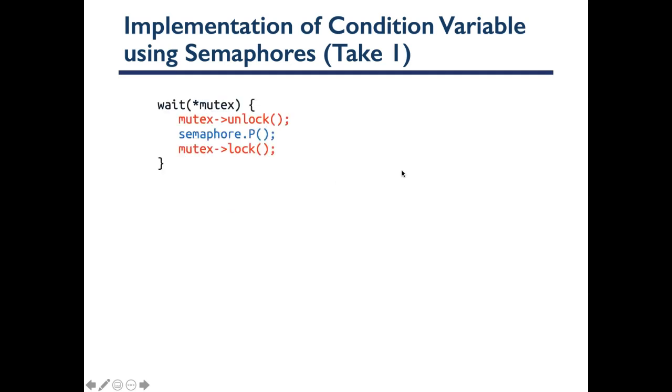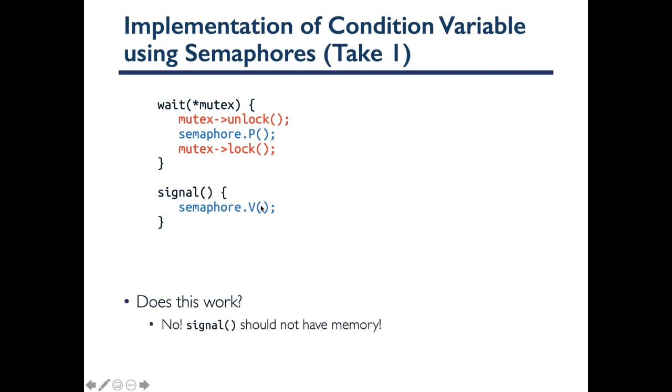So this is the first try to implement wait, and let's look at signal, and for signal use V. Now, what's wrong with this implementation? The one thing wrong is that we're using semaphore V, and that has memory.